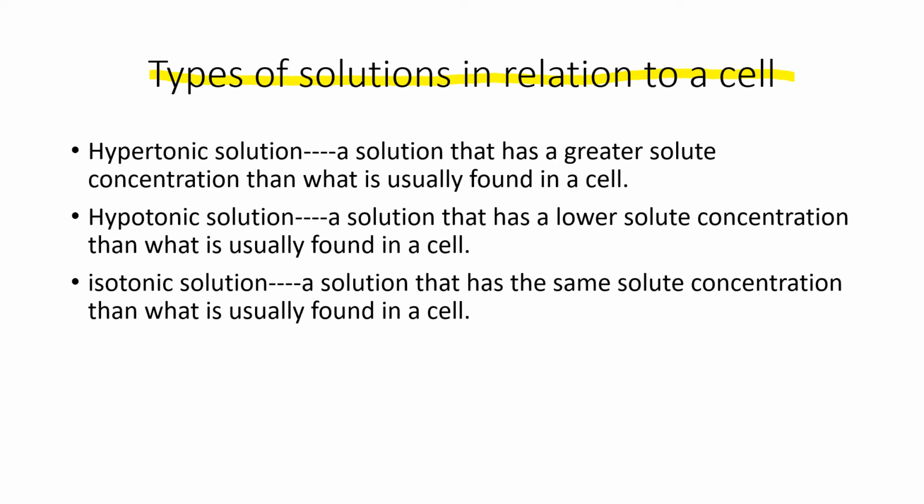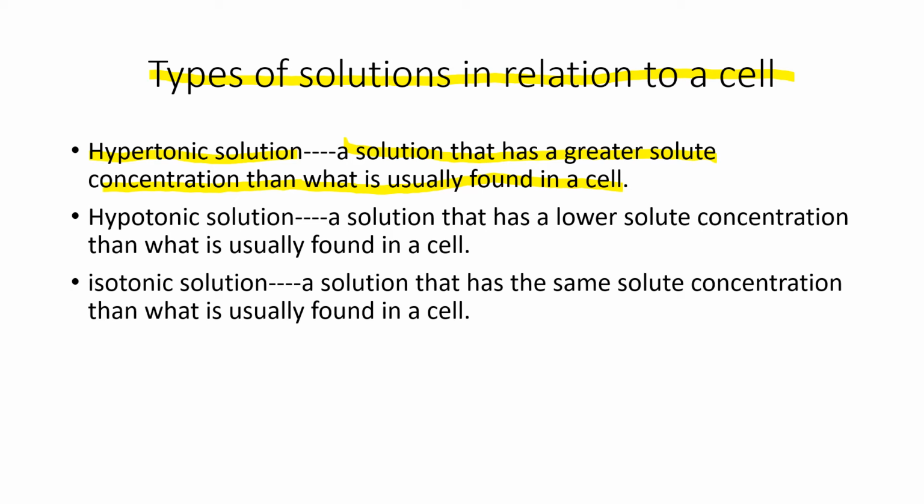The first type of solution we want to talk about is a hypertonic solution. In a hypertonic solution, that's a solution that has a greater solute concentration than what you would find in a cell. You have more solute of that particular type in the solution than you would normally find inside of a cell. You can also have the exact opposite.